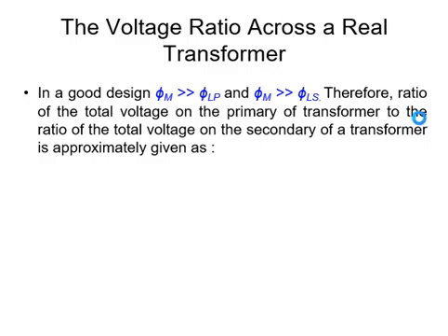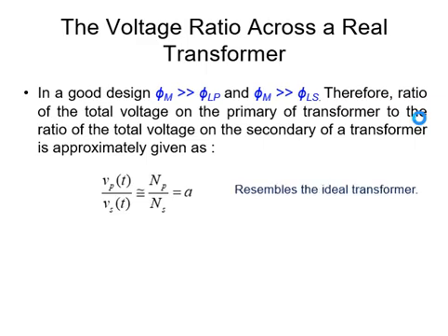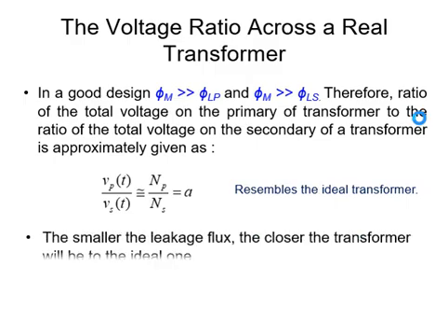If we consider phi LP and phi LS negligible, then we substitute the value of phi LP and phi LS equal to 0 in the previous equations, and we get this equation which shows that Vp over Vs is approximately equal to Np over Ns, which is equal to A.